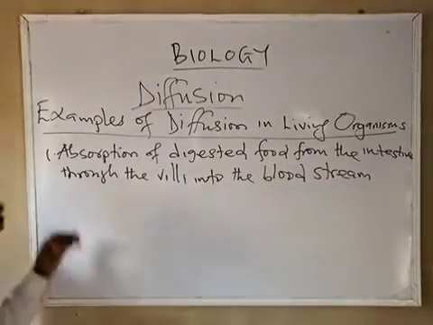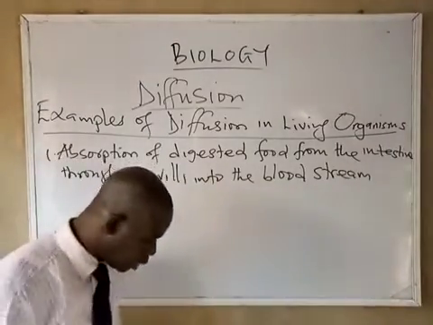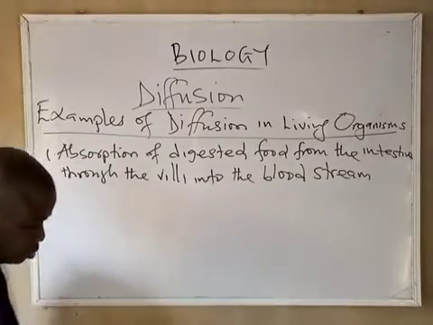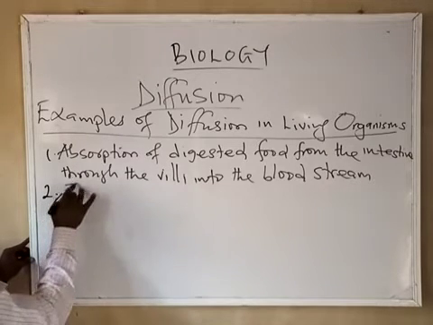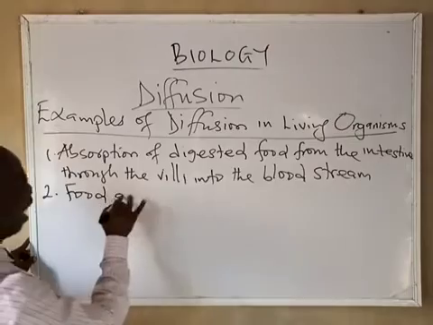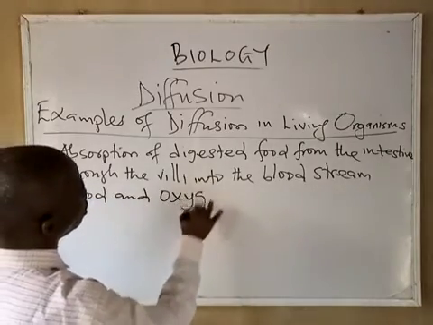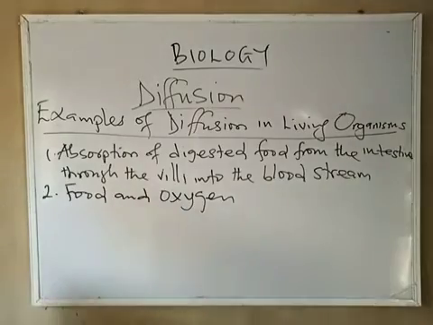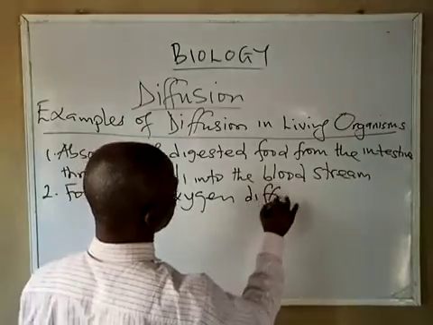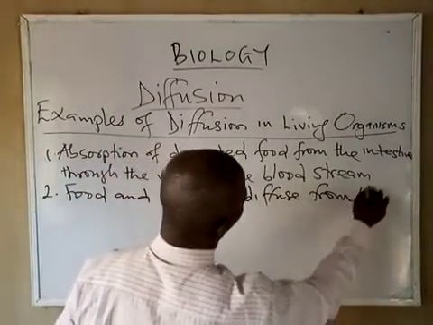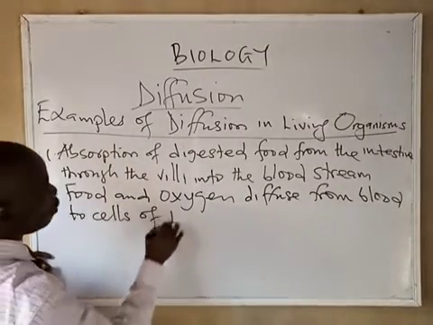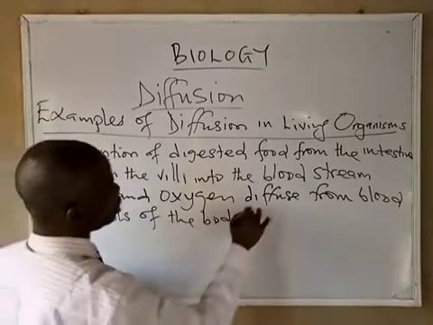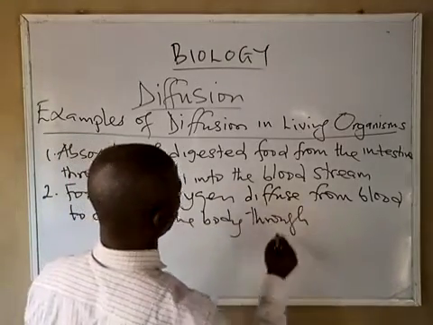Now, food and the oxygen diffuse from the blood to the cells. The process through which food and oxygen diffuse from blood to cells is a process of the body through diffusion.